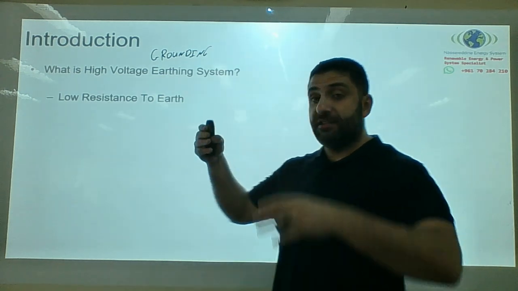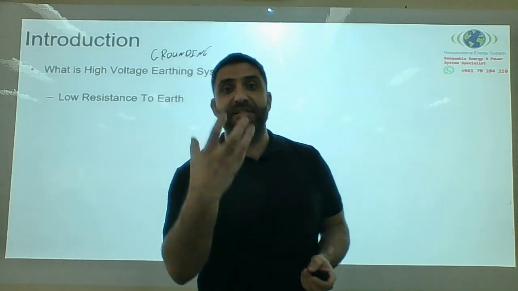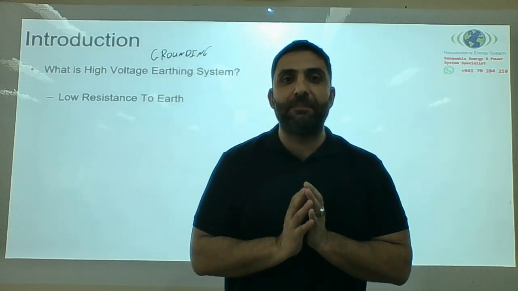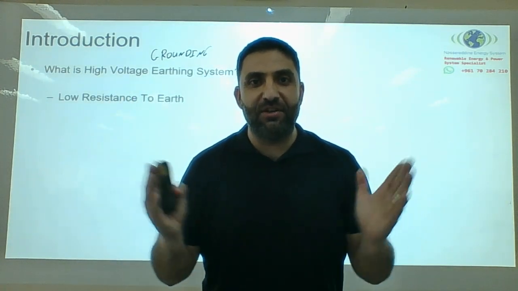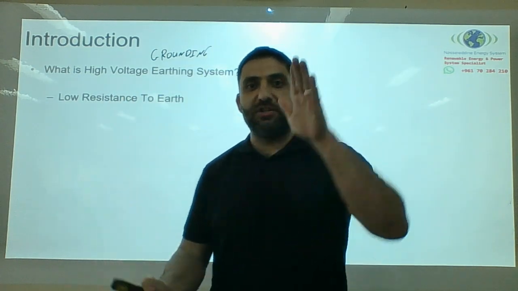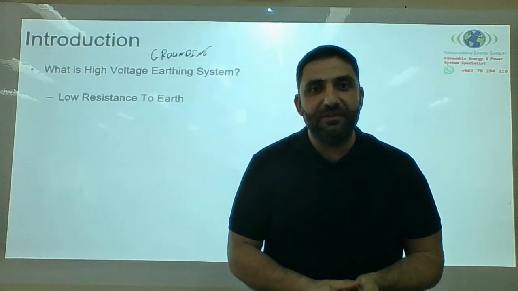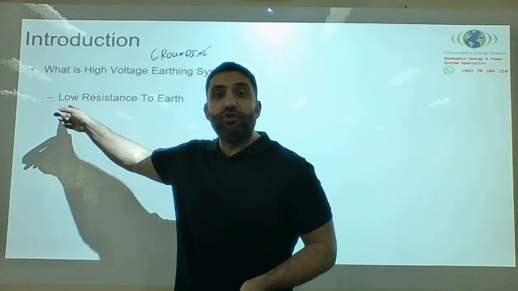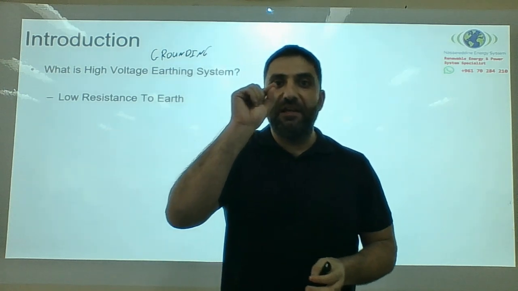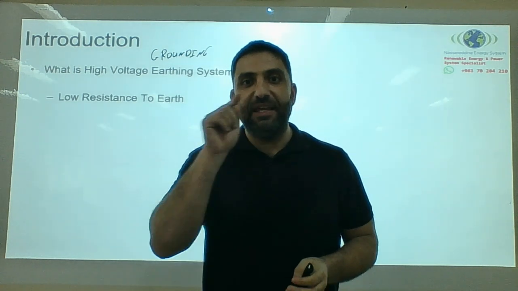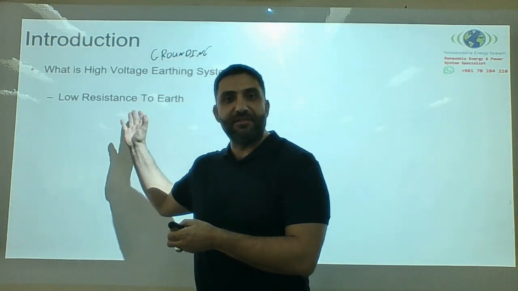So under fault current to ground, I need to establish a low resistance path. Why a low resistance path? Ohm's law states that the voltage across a resistance is I times R. When I introduce a low resistance path at the location of the fault, the earth potential rise, EPR, will be I multiplied by the resistance.